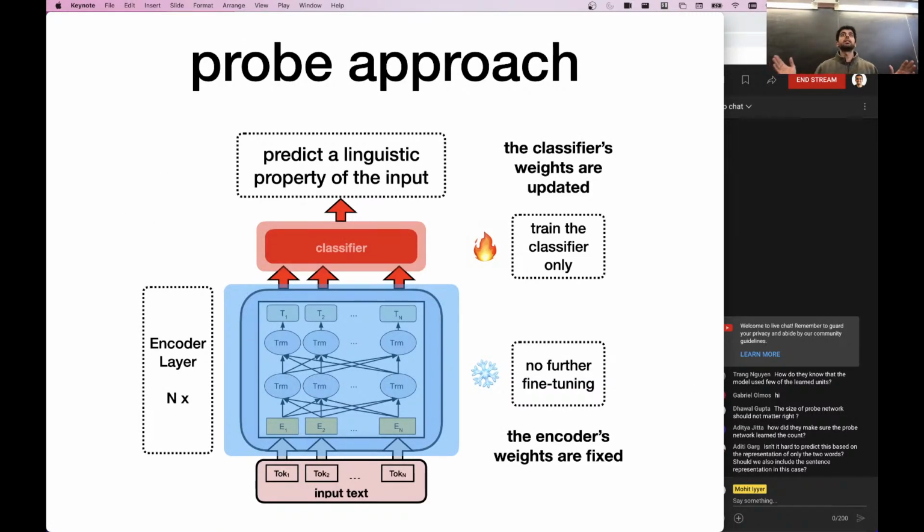So overall, the process is you have some encoder network, or you could even use this for a decoder-only model. I could take GPT, and if I have a sentence like John's mom visited her sister, I could pass that sentence through GPT-3.